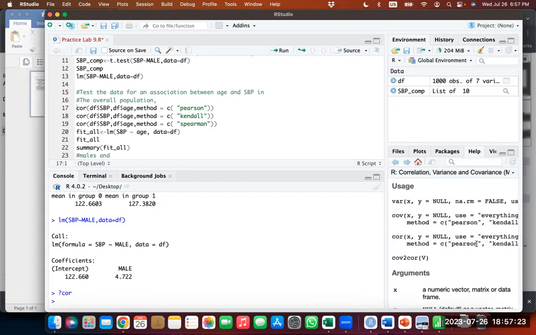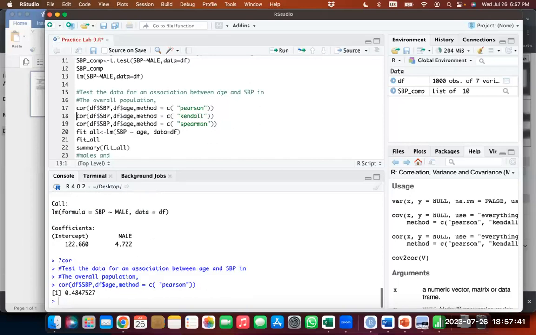For this particular function, just for starters, you have different methods that you can use. So you get a correlation between blood pressure and age using Pearson. There's a correlation of 0.48. Keep in mind, the correlation coefficient goes from -1 to +1.